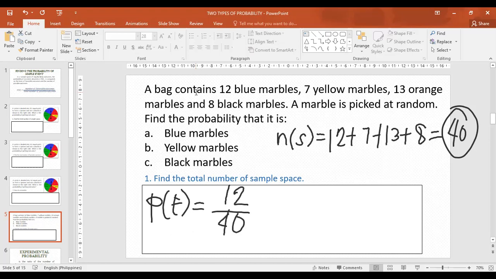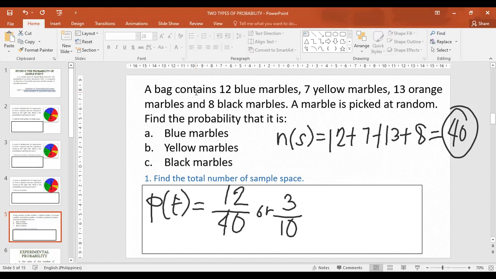So, we have 12 over 40. So, pwede pa itong i-lowest term. I-divide lang sa 4. Okay? So, 12 divided by 4, we have 3. 40 divided by 4, 10. So, 3 over 10.